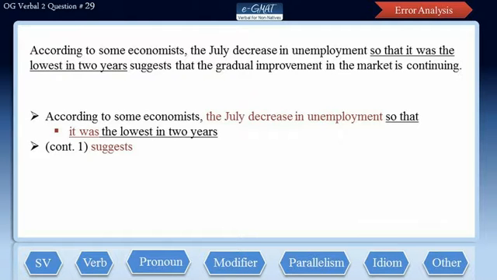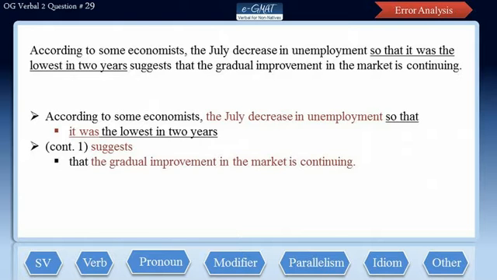What appears next is the continuation of clause 1, because the first portion of this clause only had the subject, the July decrease in unemployment. Now this portion of the sentence actually carries the verb for this subject, which is suggests. After suggests, we have that, which means we have another clause that reads that the gradual improvement in the market is continuing. Here the gradual improvement in the market is the subject and is continuing is the verb.